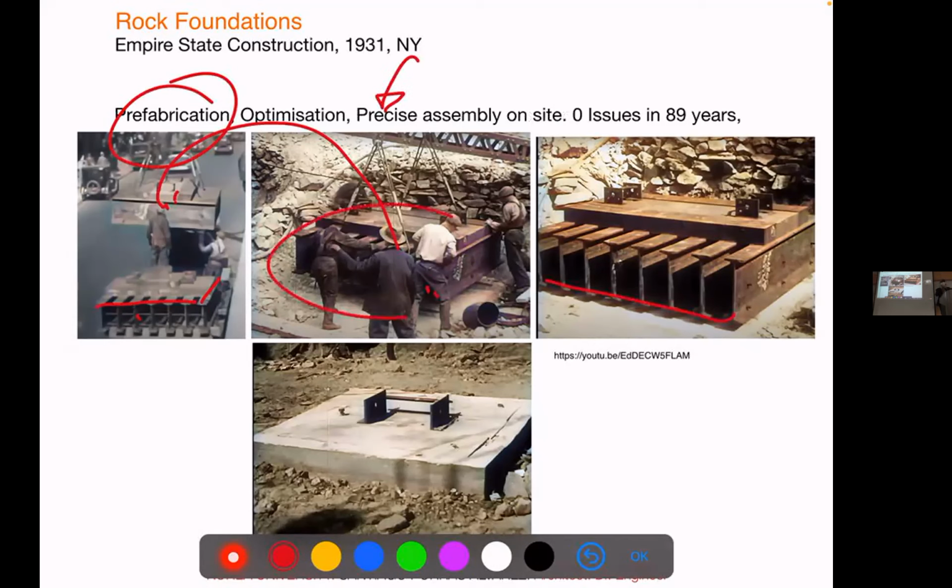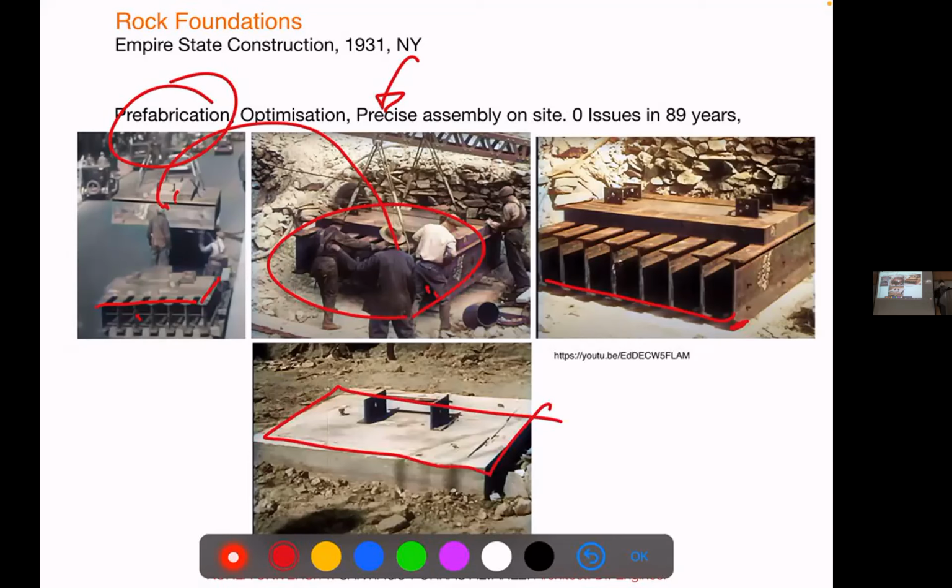It looks very primitive, the way they work. It's very weird to see people without a hard helmet, right? But the placement is really precise, by the centimeter, and then the supporting concrete, and this may be a 2 by 2 foundation. This is the power of rock, right?